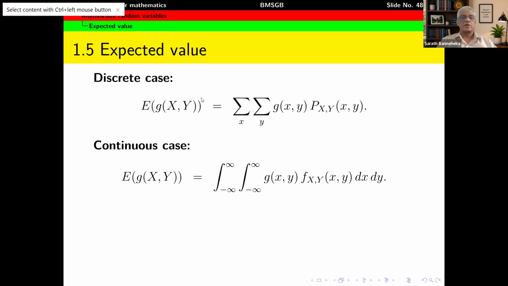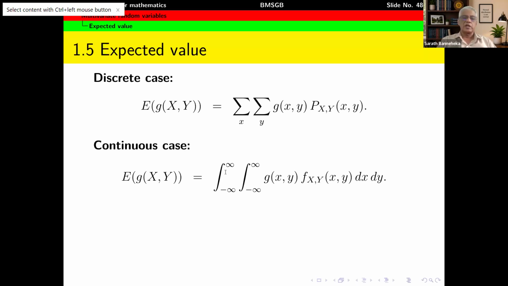over all possible x's. Now you are doing the same thing, but now you are adding over x and y, all possible x and y. In this discrete case, you will be adding over all possible combinations of x and y, g of xy times the joint probability mass function. And similarly, for the continuous case, expected value of g of xy will be the double integration of g of xy times the joint density with respect to x and y, right?